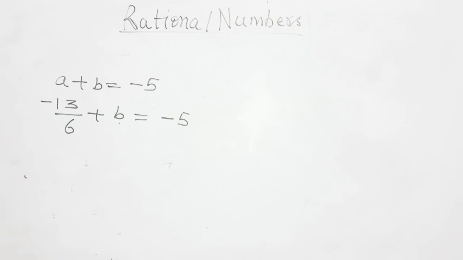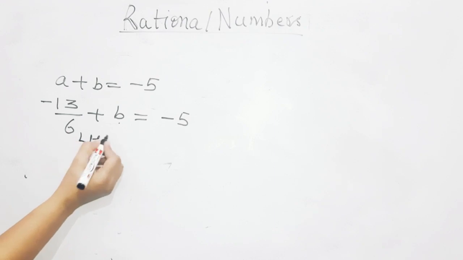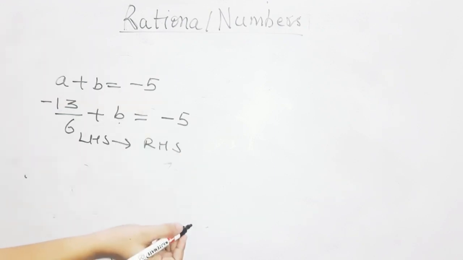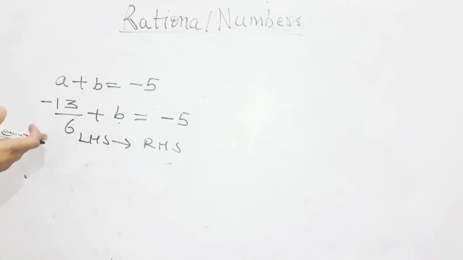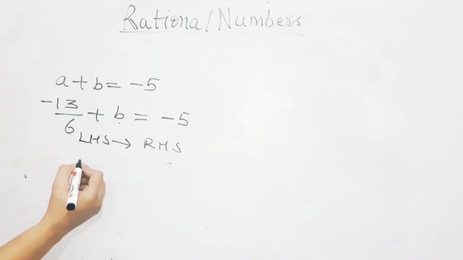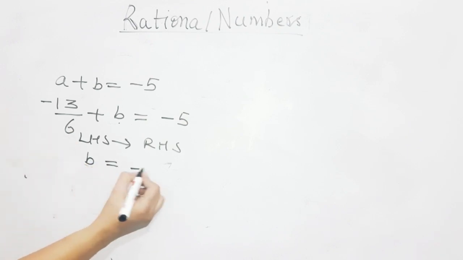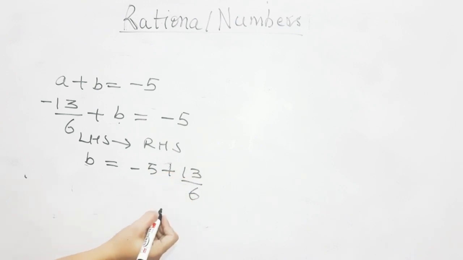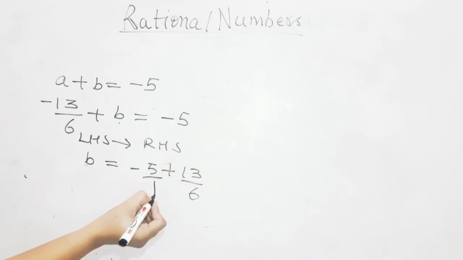So how will we proceed? As you all can see that this minus 13 upon 6 is negative. When it will go from the left hand side to the right hand side, it will become what? Reply your answers in the comment section. The sign will be changed, and the new sign of this rational number will be plus, right? So minus 5 plus 13 upon 6, and we don't know what is here.